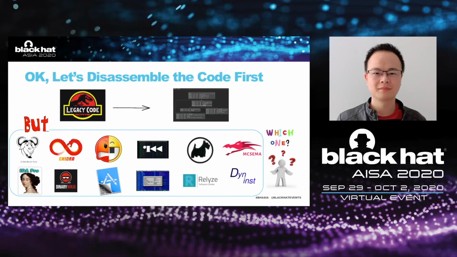It is not hard to imagine that to get a higher-level representation from binary code, the first thing we have to do is to disassemble the binary code. Specifically, our formal verification requires us to get the instructions, the functions, the pointers, and the control flows.